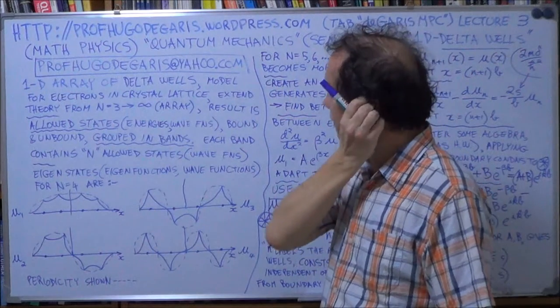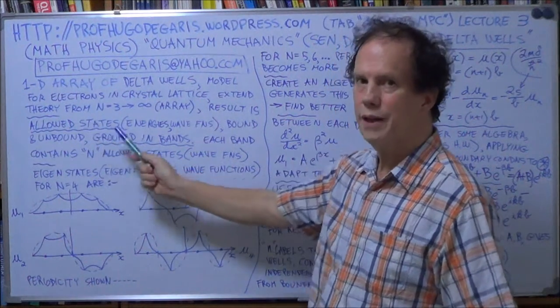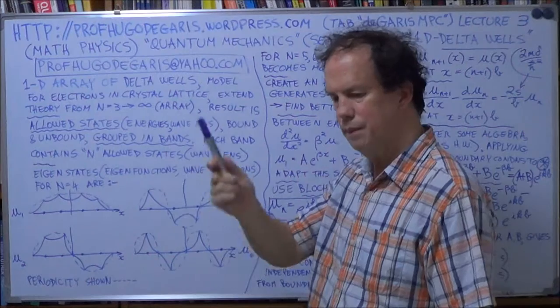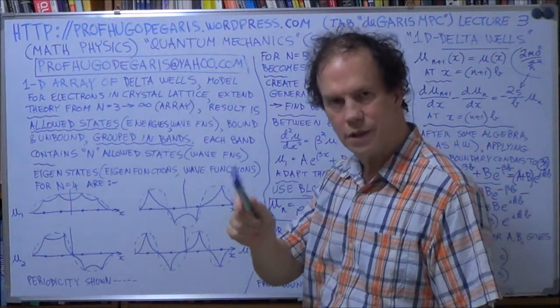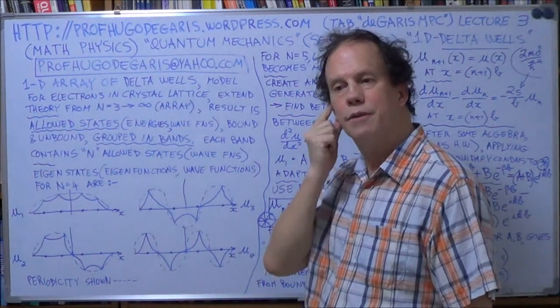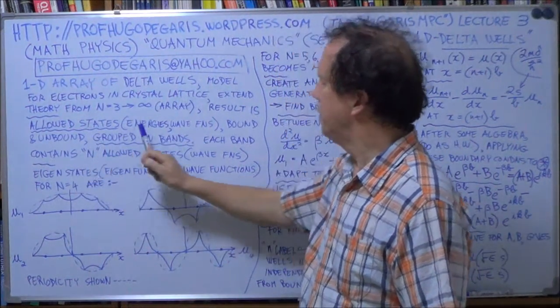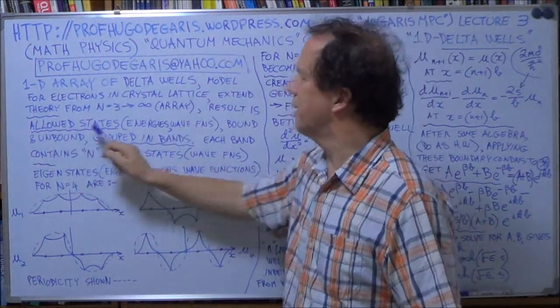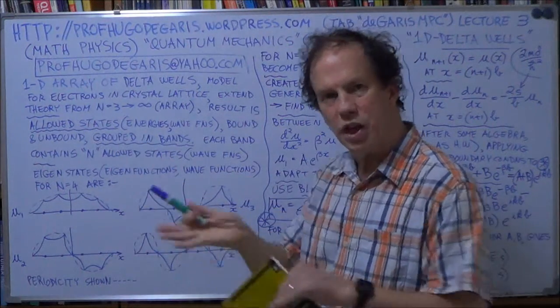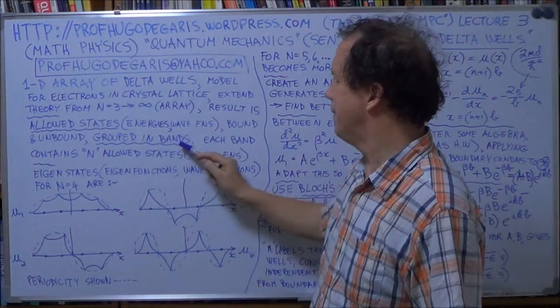When you do the quantum mechanics for that system, when n, the number of delta wells, is large, the bound energies, the allowed states, tend to bunch up into bands.